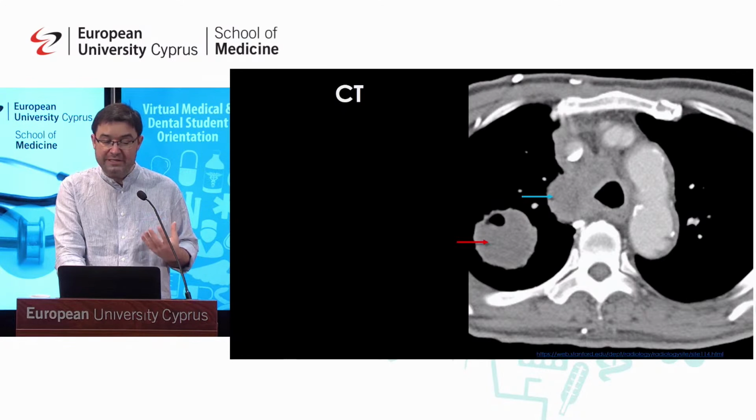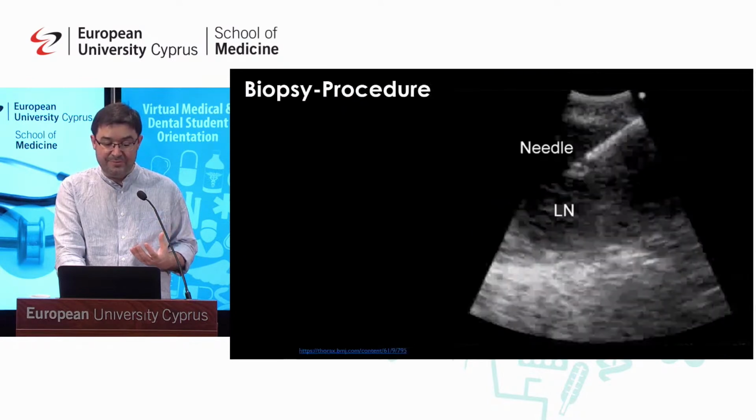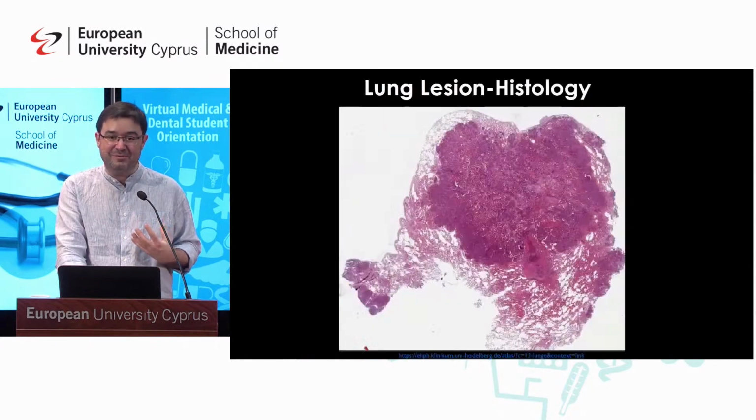And we can see that pointed with the blue arrow. This particular slide shows the biopsy of our patient, which was performed with the help of ultrasound. During this biopsy procedure, it is possible to see the location of the needle and to be sure that the needle does, in fact, enter the target you want to take the biopsy from.